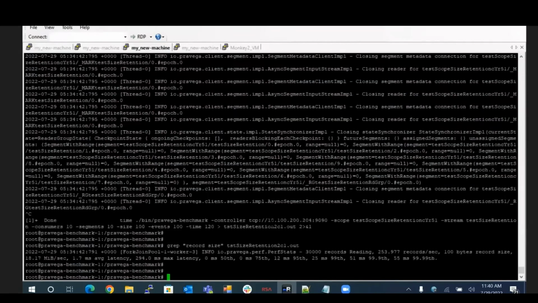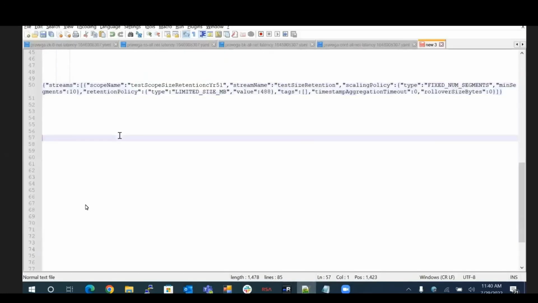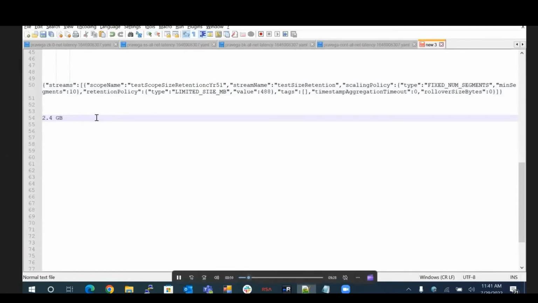The number of records written to the same stream during this interval is 30,000 records. I'll note down the same data here. 2.4 GB of data in the interval T0 to T1 was gathered, and it is before S1, the first stream cut.